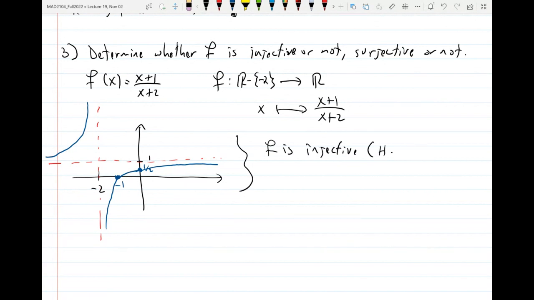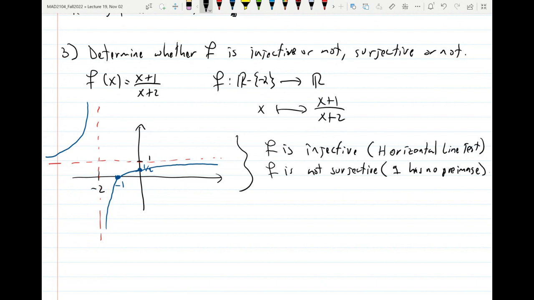Let me write the words. Horizontal line test. And f is not surjective. The reason is because 1 has no preimage.